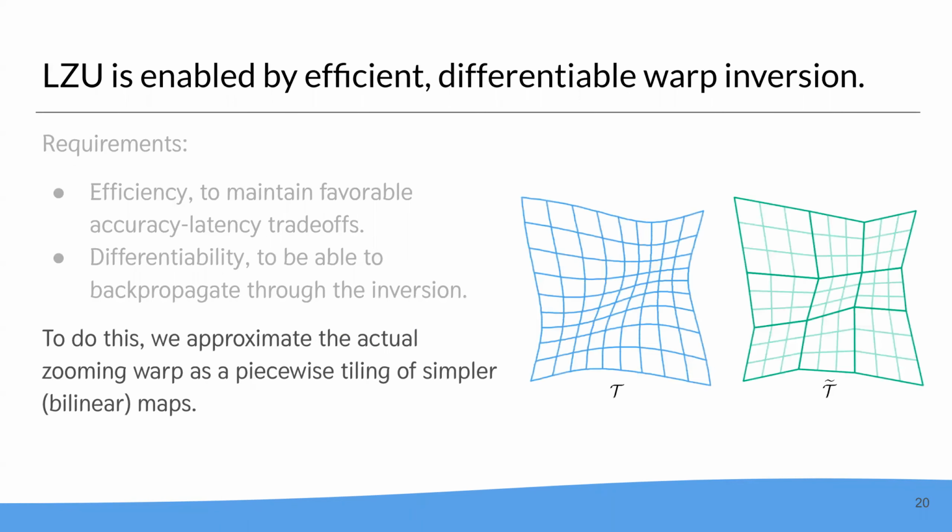To do this, we approximate the actual zooming warp as a piecewise tiling of simpler bilinear maps. Then, to apply the inverse warp to any given point, we simply need to figure out which tile it lies in and invert the corresponding bilinear map, which boils down to solving a simple quadratic equation.